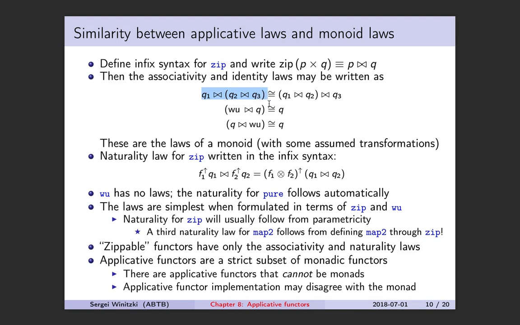That's the essence of the associativity law. And the identity laws mean that you can have something that you zip with and it doesn't change that thing you're zipping with, up to an isomorphism, of course. They're not actually equal. They're isomorphic. They're equal when you apply those isomorphic transformations in the right places.